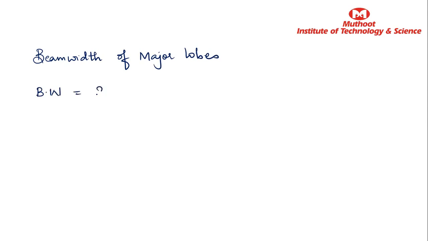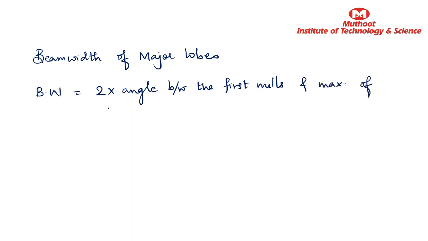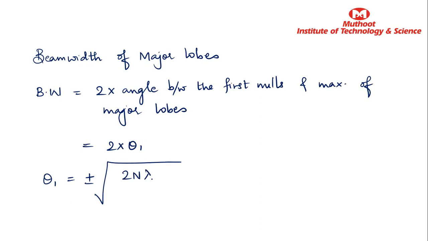This beam width is 2 into the angle between the first nulls, okay, and the maximum of the major lobes. So that is where I have shown you in the figure. So this will become 2 into theta 1. Now what is this theta 1?